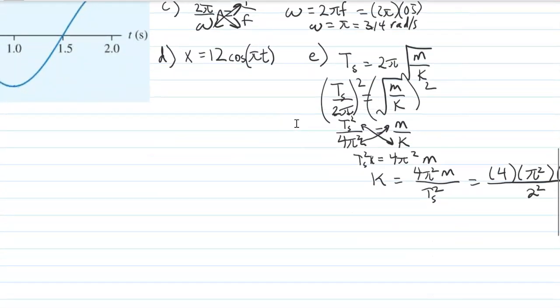Then we want to find the maximum speed of the object. So this is one of the equations that is not given to us on the formula sheet on the official AP exam. So it's something that you should memorize or have typed into your calculator. And the formula is that the max speed of an oscillating object is omega times A. So omega was equal to pi, and A is our amplitude, which is 12.